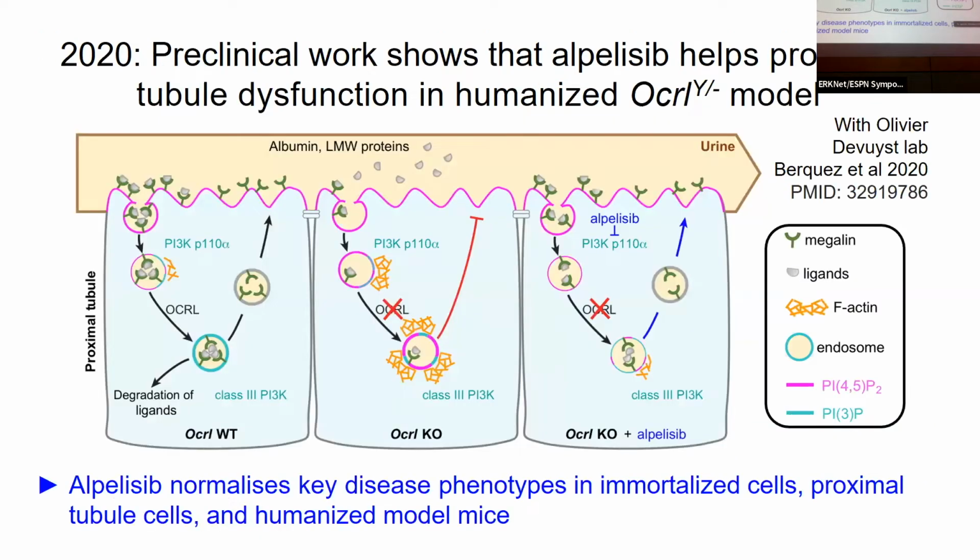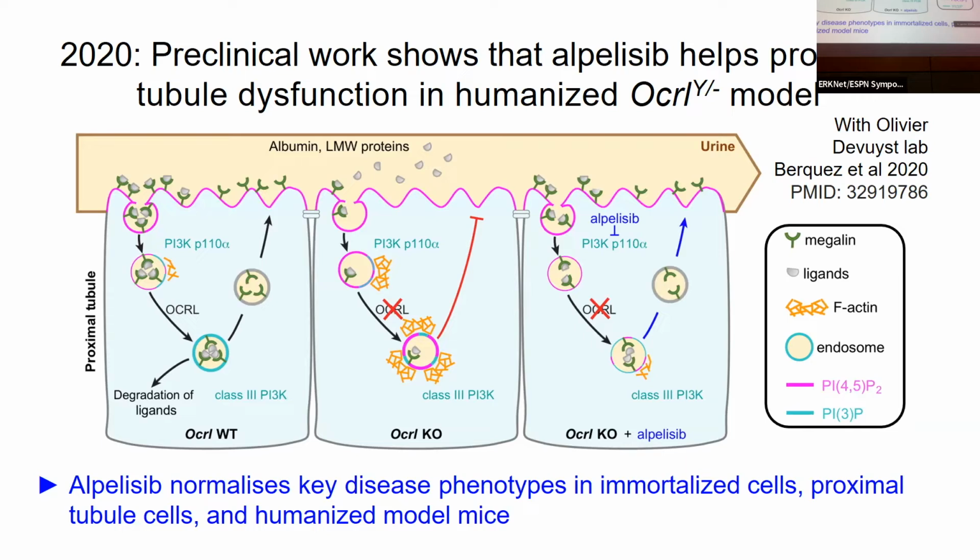So this is the overall model here. Usually what happens is endocytosis of the megalin receptor in the proximal tubule, which is responsible for reabsorbing those proteins that are being filtered out by the glomerulus. There's usually this activation of class 1 PI3 kinase alongside the PIP2, leading to a short burst of actin polymerization that then allows this continued absorption and the endosomal trafficking here.